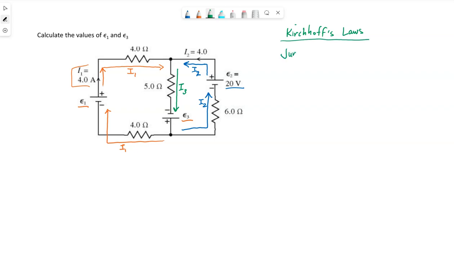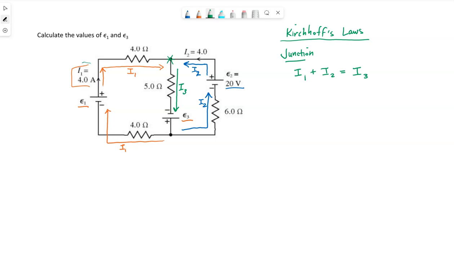So we have the junction law, which, if I look at just this top junction here, the problem itself showed me that I1 was traveling towards that junction, as was I2. So I can say that I1 plus I2 has to equal I3.